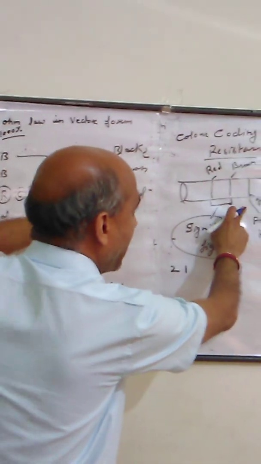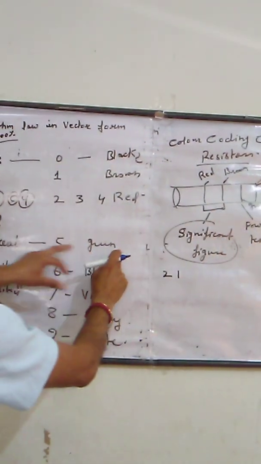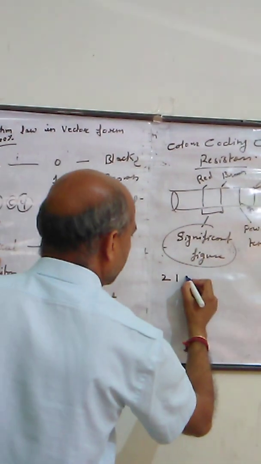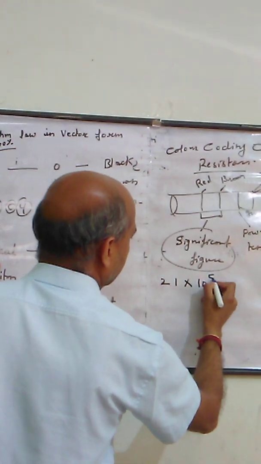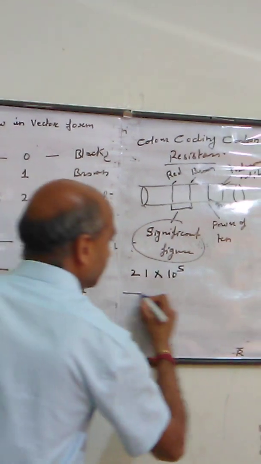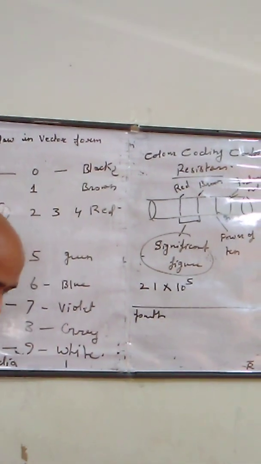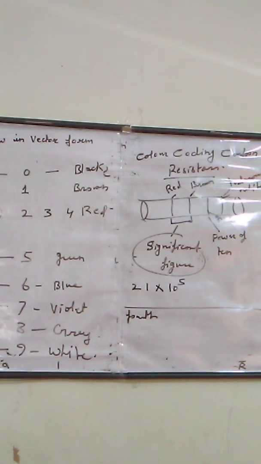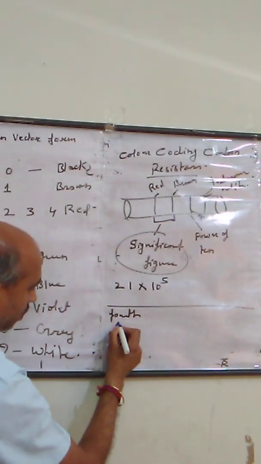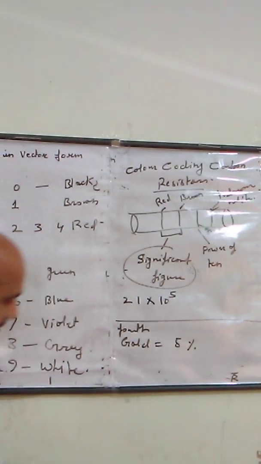Then check for the third band. The third band is for power of 10, and it is of green color, so green means 5. Now the fourth band represents tolerance. If the color is golden, it means tolerance is 5%.